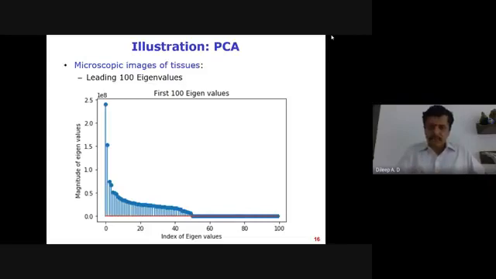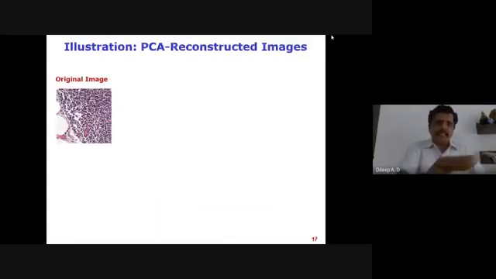Let me show you this by performing reconstruction of the images. Let's consider that this is my original image. I performed PCA, and then I considered only the leading eigenvalue, a single eigenvalue, and the corresponding eigenvector.